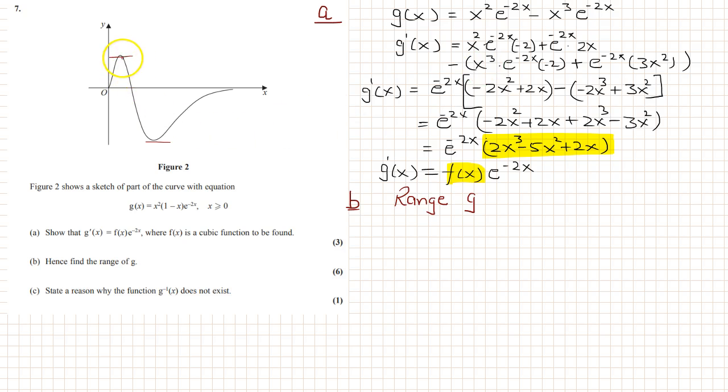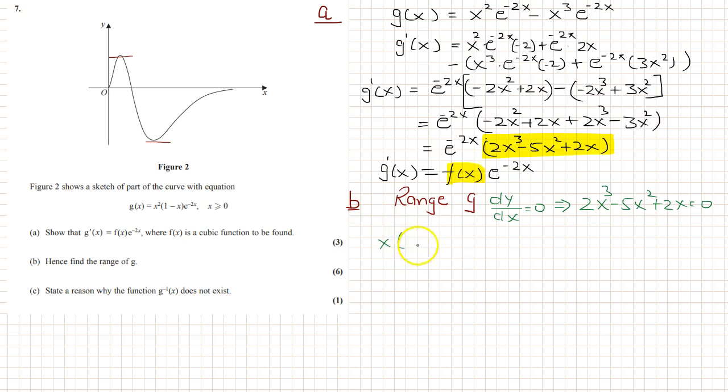At this point dy over dx is 0. So let's find dy over dx is equal to 0. So this means this is dy over dx, e to the power minus 2x cannot be 0, so this implies 2x cubed minus 5x squared plus 2x is equal to 0.